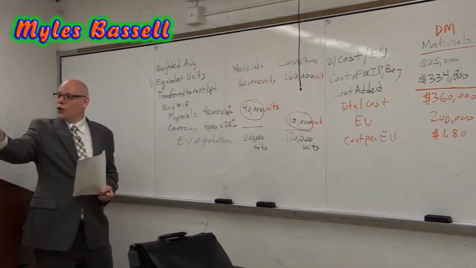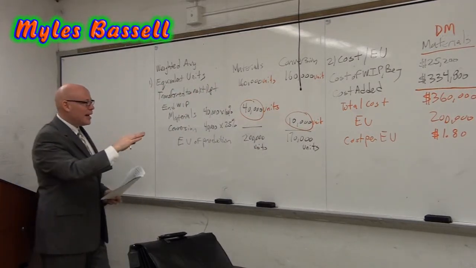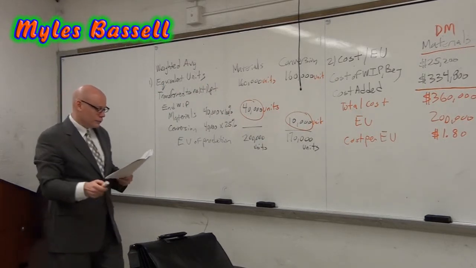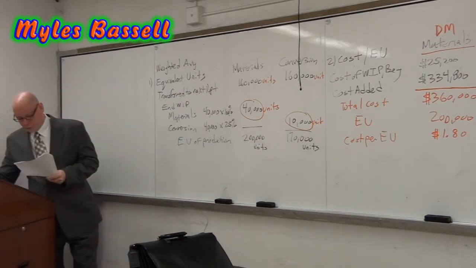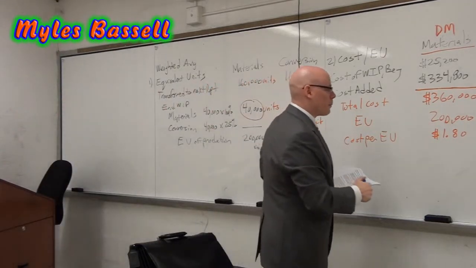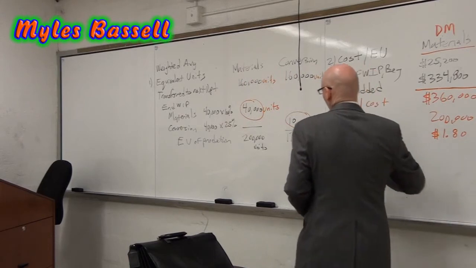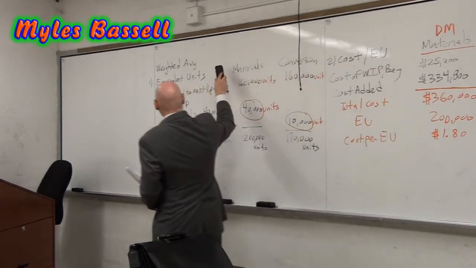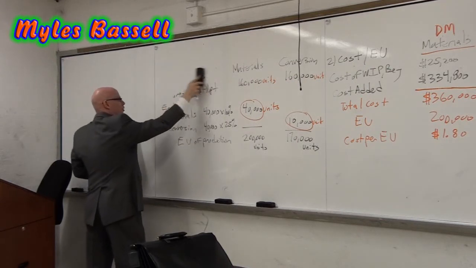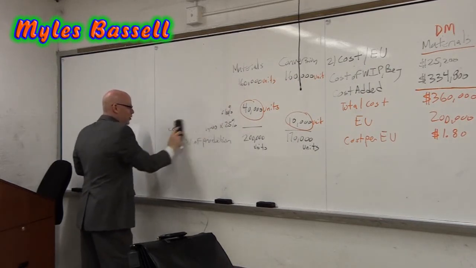Now that we know the cost per equivalent unit, we could figure that out. 72,000. Yes, 72,000. All right, can I erase this? Everybody's got this? Silence means agreement. There it goes.